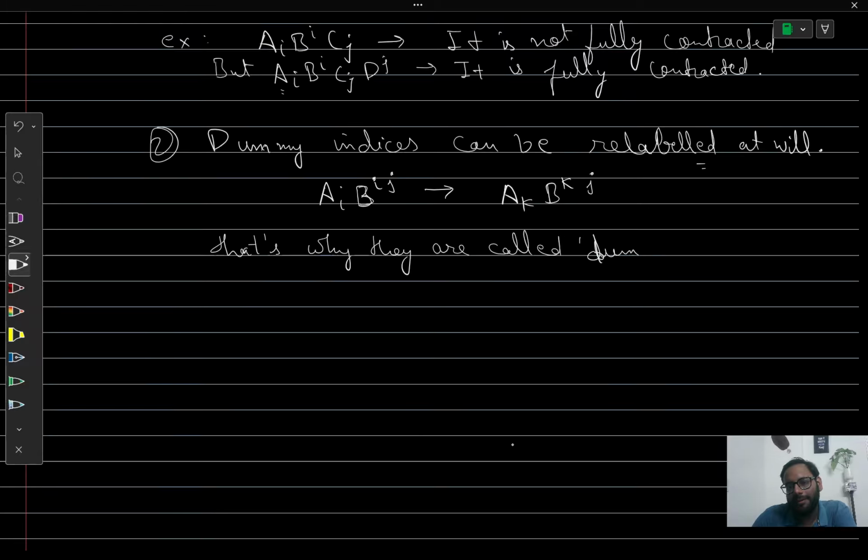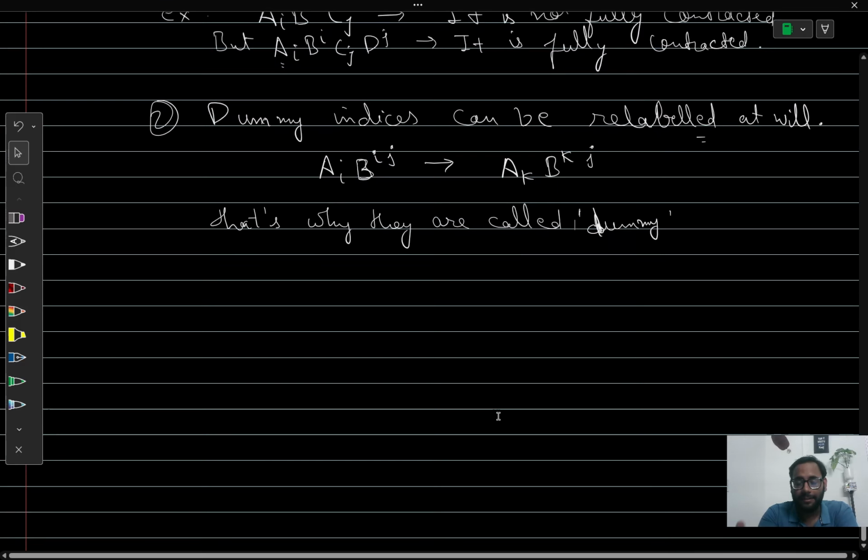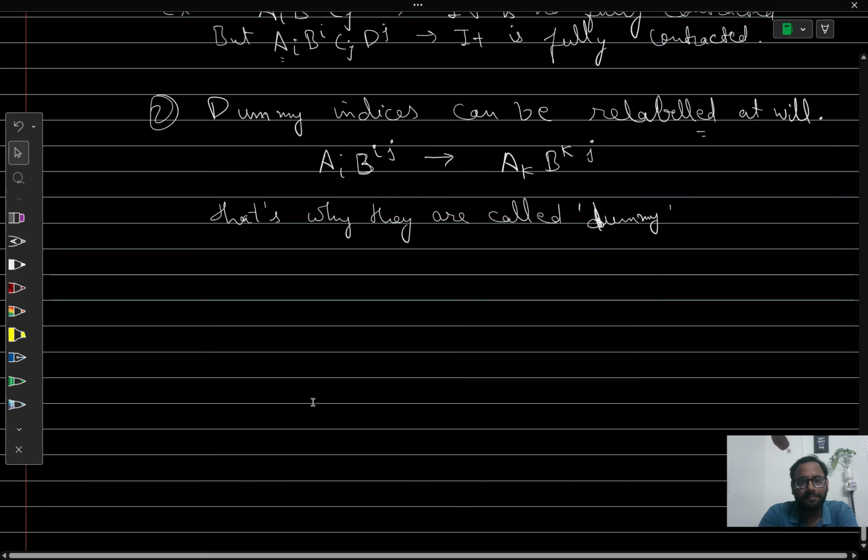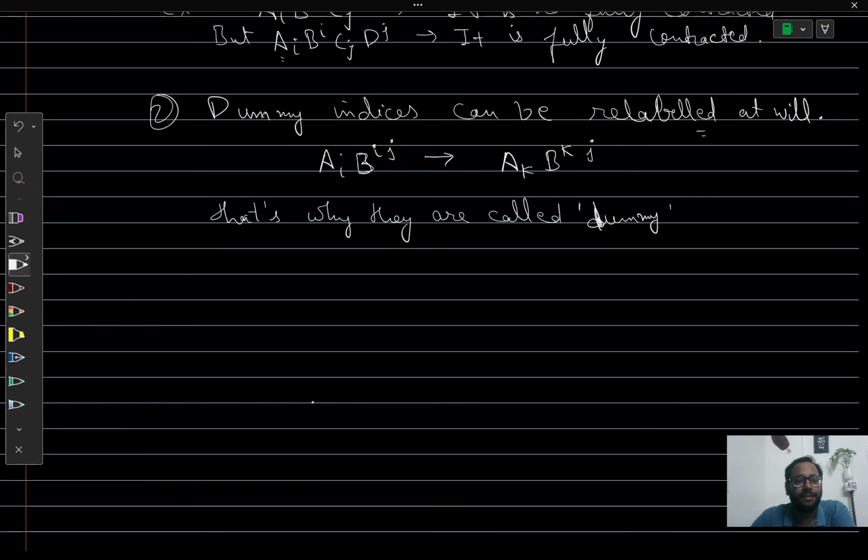Okay, they are not real, or say they do not have any explicit meaning, but free indices have their own power.